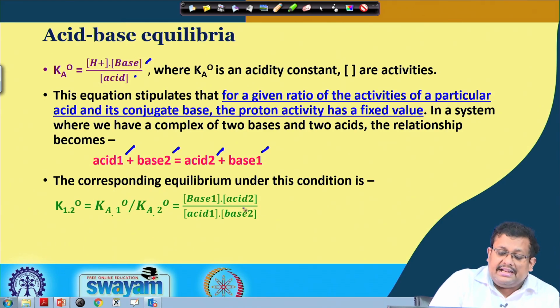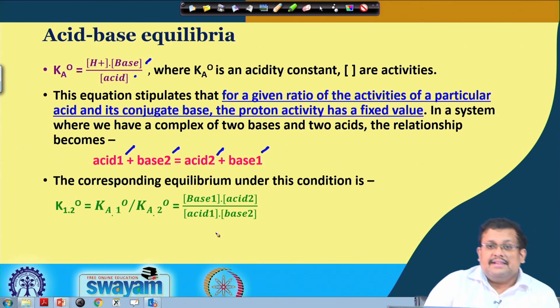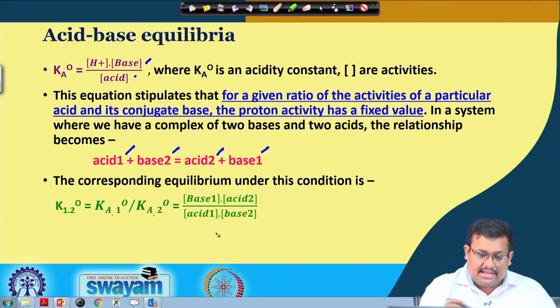So, ultimately we are getting the activity of base 1 multiplied by activity of acid 2 over activity of acid 1 multiplied by activity of base 2. So, this is for a single acid and single base, however, this is for a complex of 2 bases and 2 acids. So, these are the equilibrium relationships when these acids and bases are reacting together.